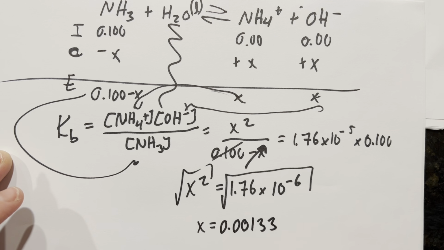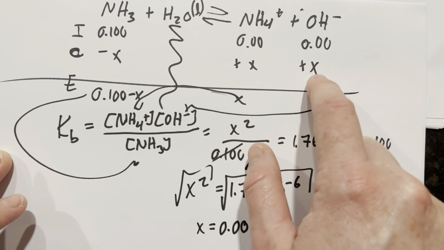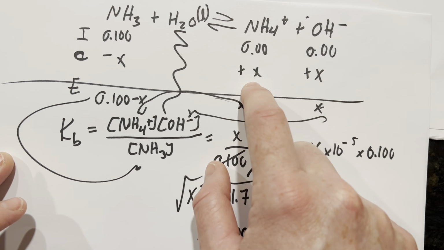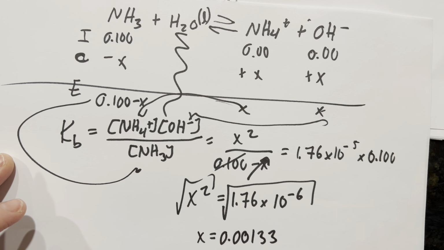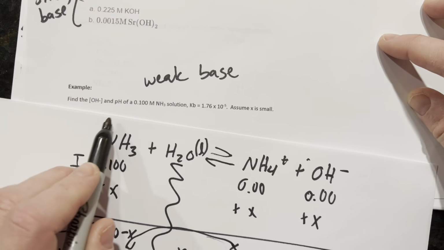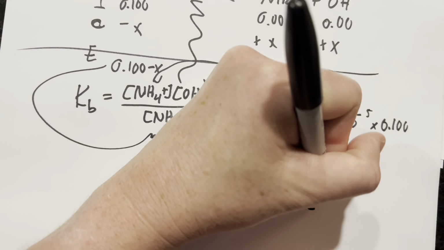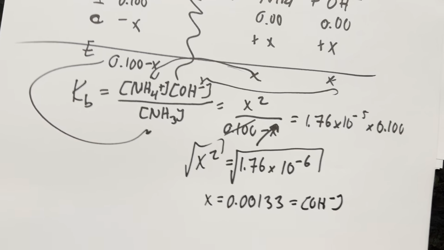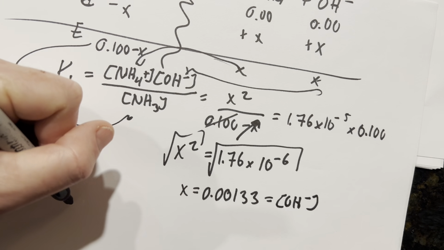All right, but what is x? X is our OH minus concentration. It's also our NH4 plus concentration. But the question asked to find the OH minus concentration and the pH. Okay, so this is our OH minus. We're done with that part. Yay! But now it asks for the pH.